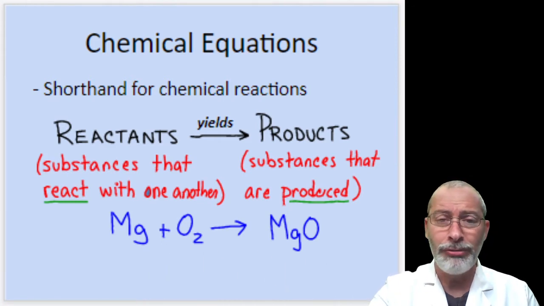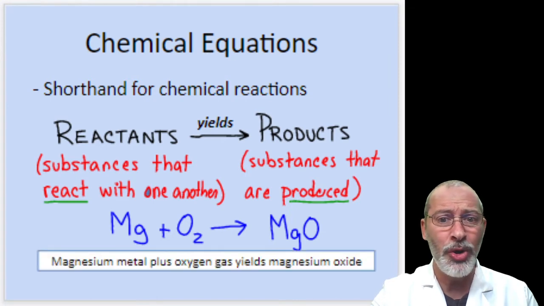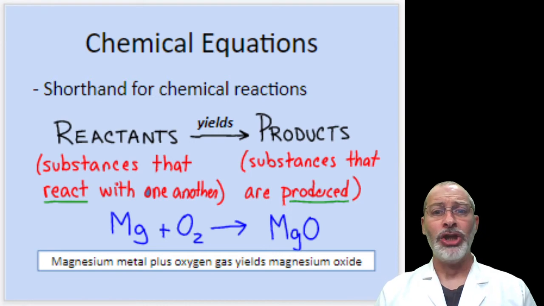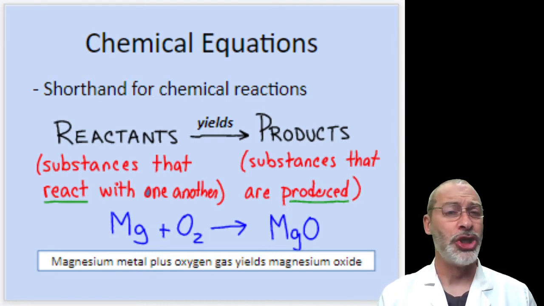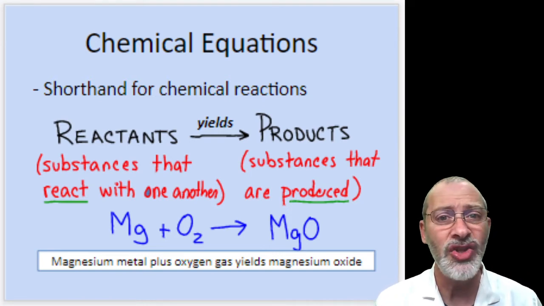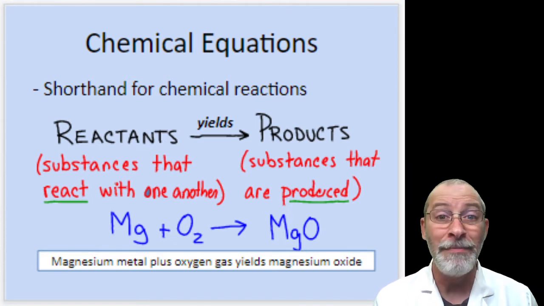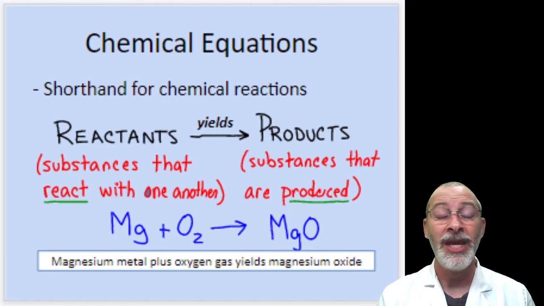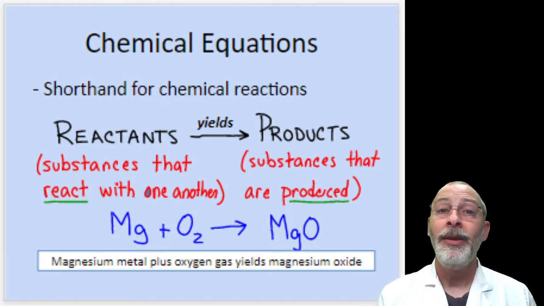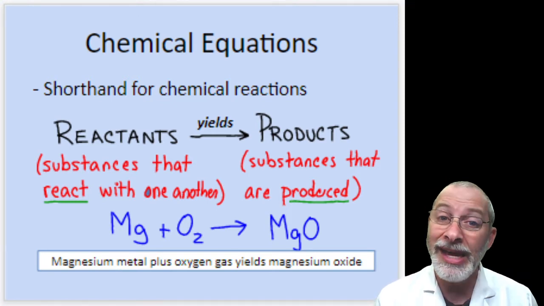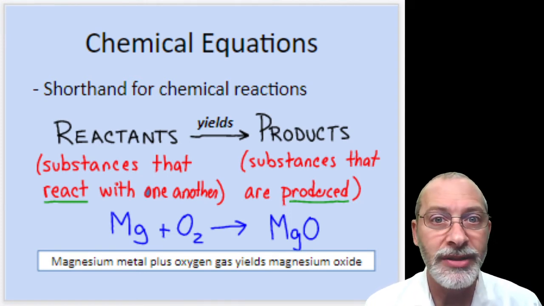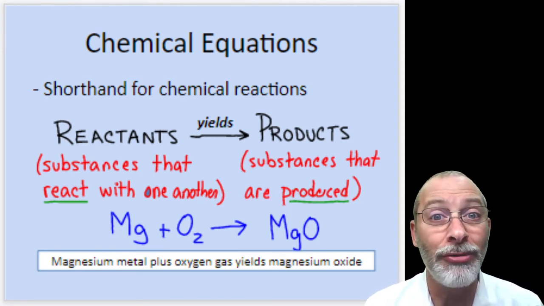How many of you would rather write it that way as opposed to writing all of the words down? Magnesium metal plus oxygen gas yields magnesium oxide. That's a mouthful, and that would take you a while to write down. So, again, a chemical equation makes it shorter and also makes it clearer, regardless of what language you might speak around the world.